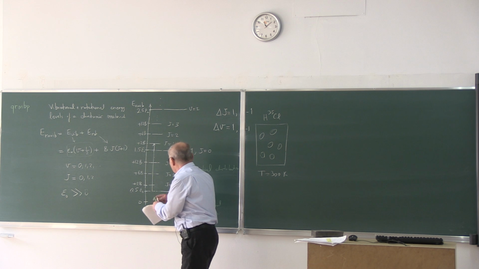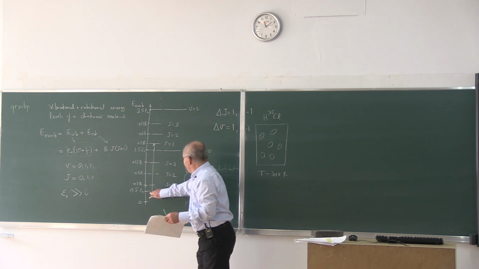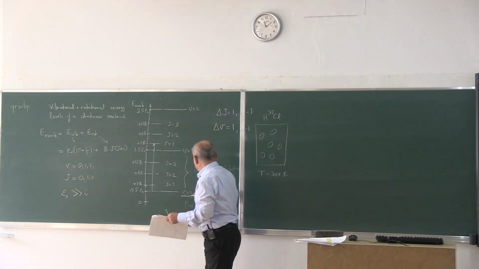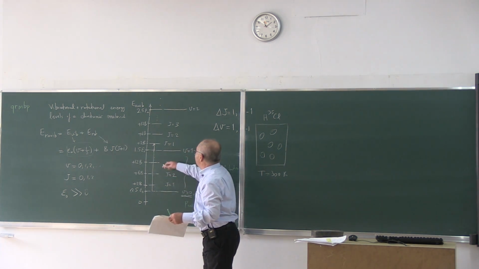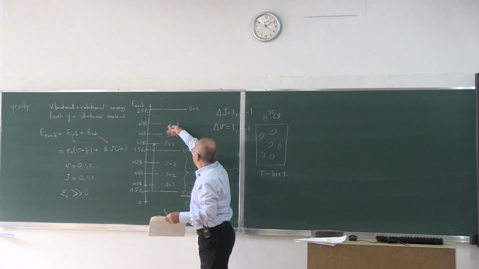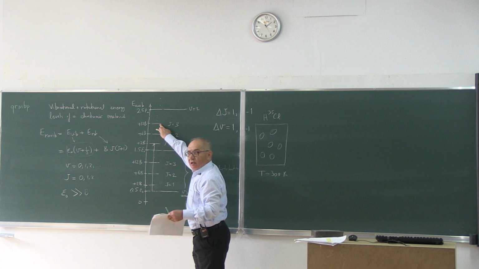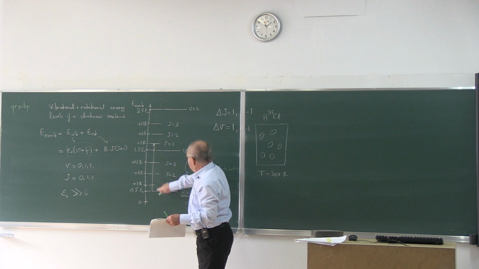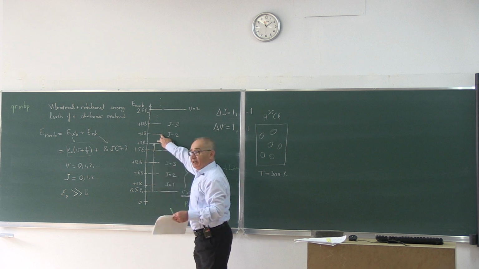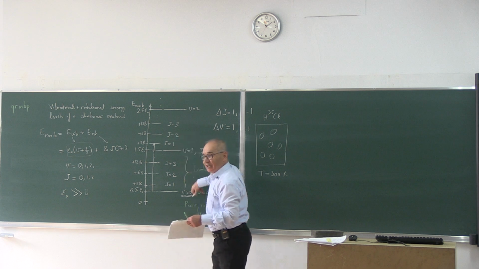Okay, now the molecules in the lowest level, V equals 0, J equals 0 level, can they make any other transition to a higher vibrational level, say to this level or to that level? From here to here, is that allowed? In that case, J is 2. Initial J is 0.